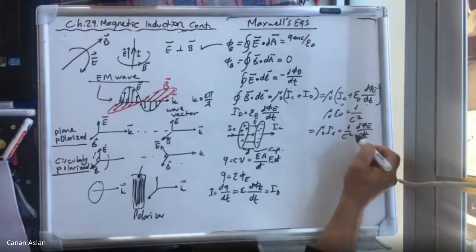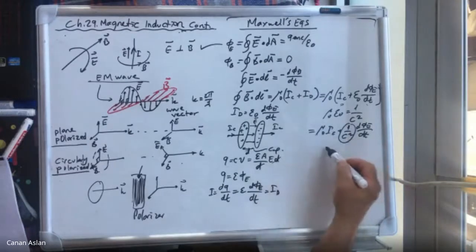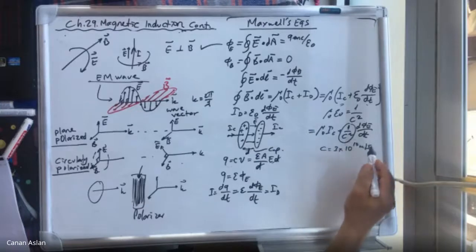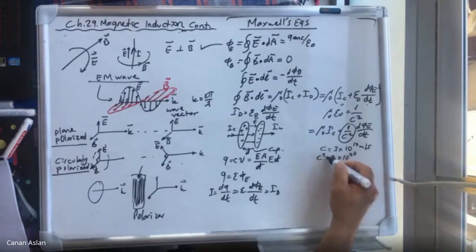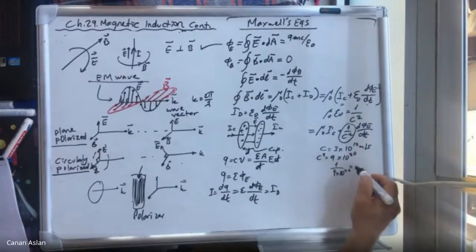Now look how small this quantity is, because c is 3 times 10 to the 8 meters per second. This is the speed of light, and the square of that is 9 times 10 to the 16, c squared. But now 1 over 9 times 10 to the 16 is like 0.1 almost, times 10 to the minus 16 times this quantity. So this is so small.